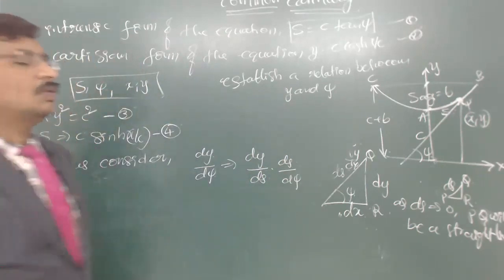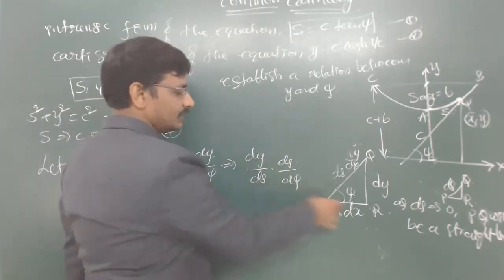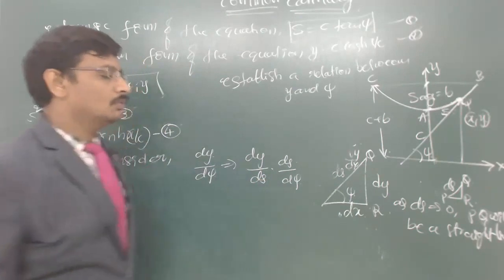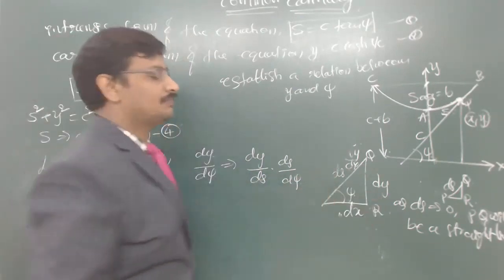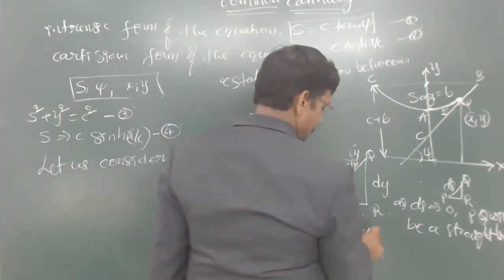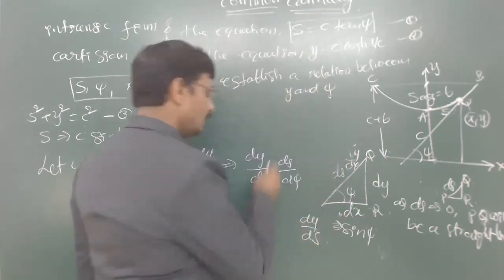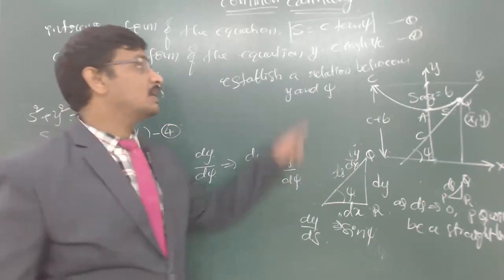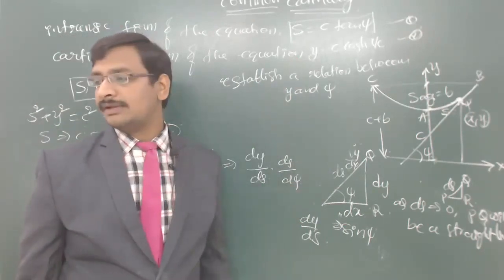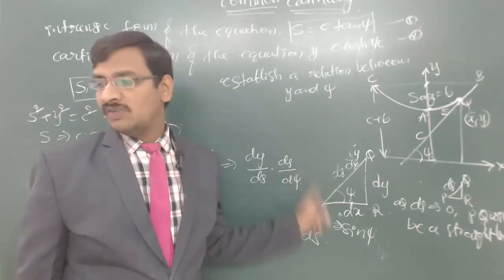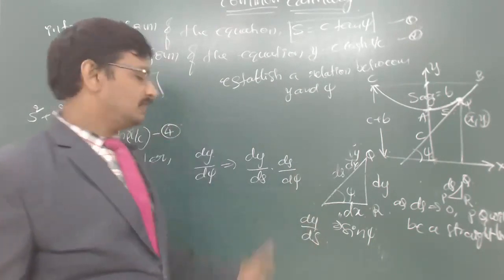So why we are doing it this way is, dy by ds we know from this relation is nothing but sin psi. This is dy by ds. And we know the relation between s and psi also: s is equal to c tan psi. So if you make it this way, you will be able to easily establish the relation between these two.